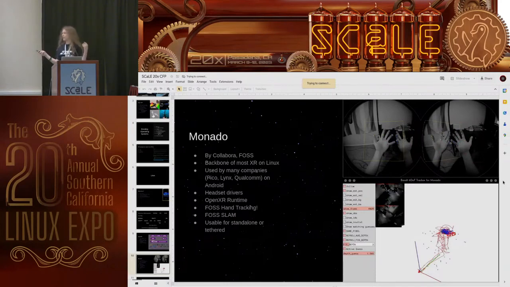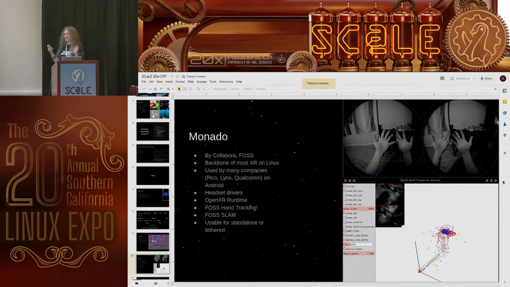That's incredibly important to have, because otherwise, without some setup like lighthouses in the corners of your room, you cannot know where you are in space, which can contribute to motion sickness and limits your ability to do things. So now we have SLAM, or at least an early version of it, as free and open source software for anybody to use and improve on. And it's really fast, too.